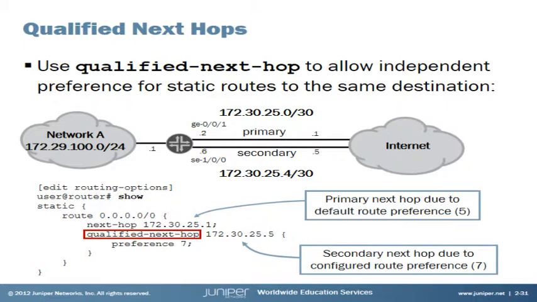So what does that mean? What would be the effect of a default preference on my first next hop, but a preference of 7 on my second next hop? What would be the effect of doing that as far as the routing table goes? What would that do?